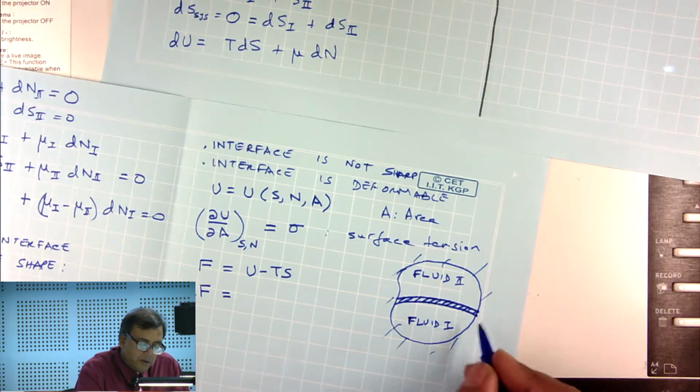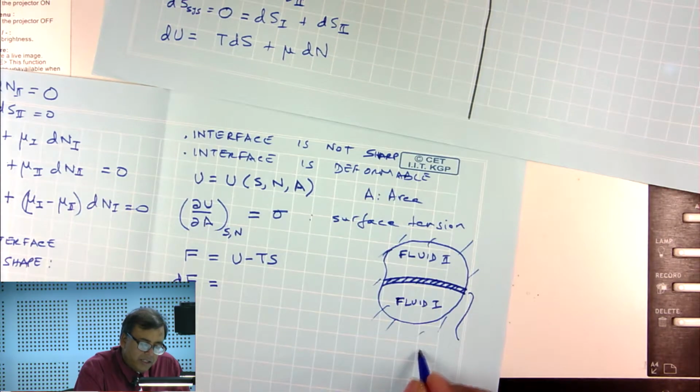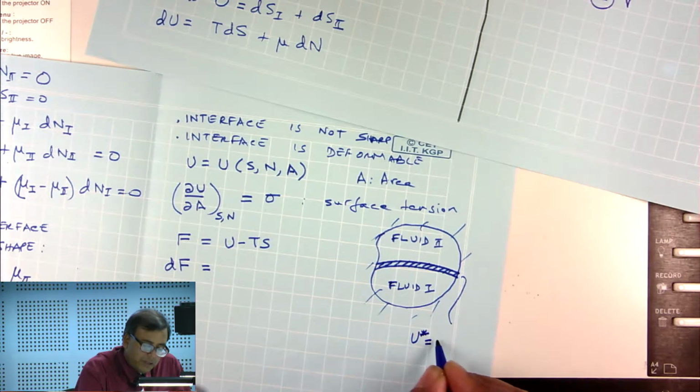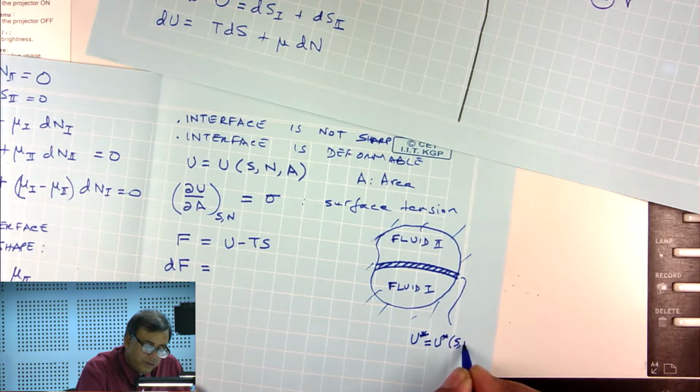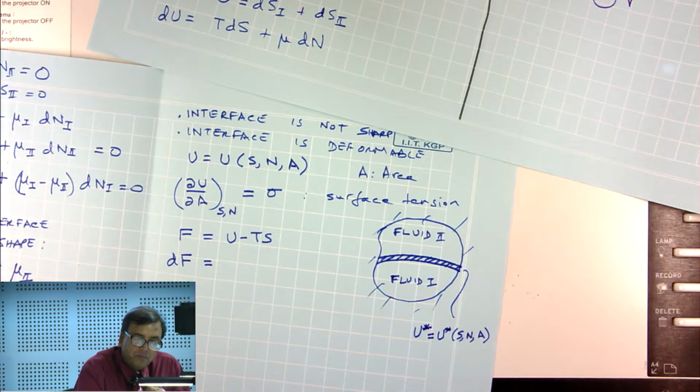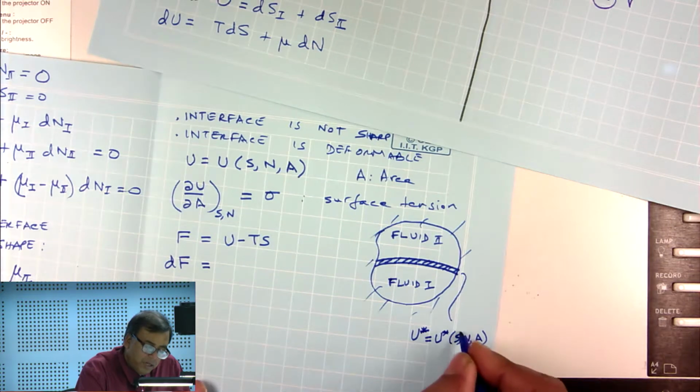So, the internal energy here I call U star, and that is a function of S, N and A. It is not a function of volume, it is a function of the surface area, and I denote it by star.